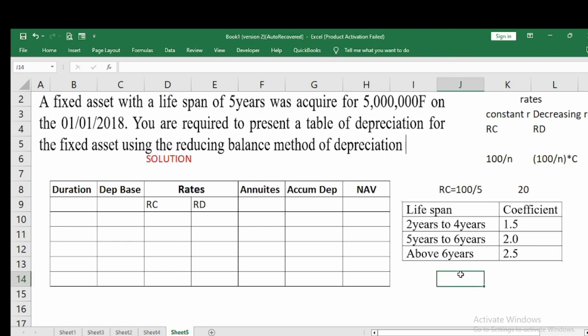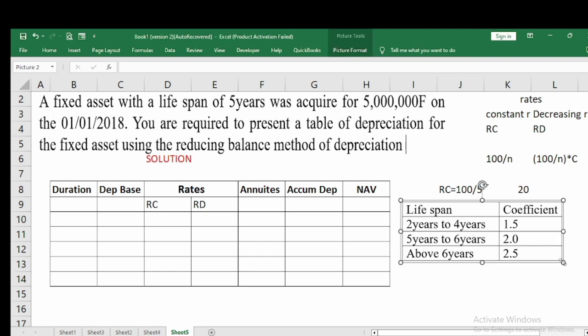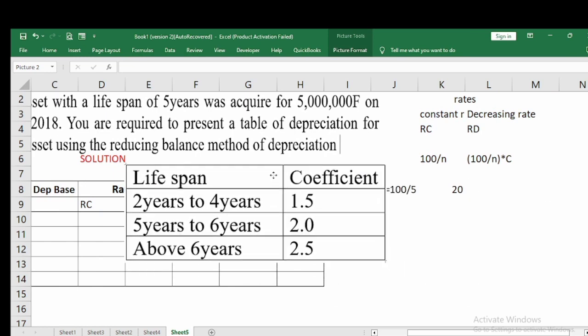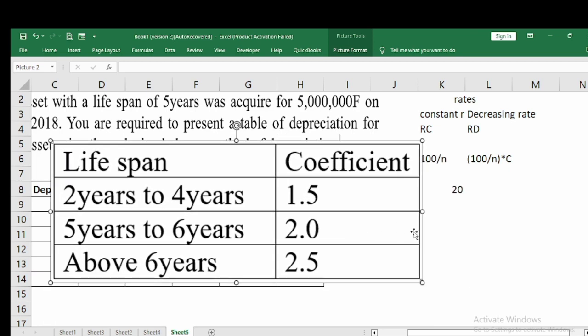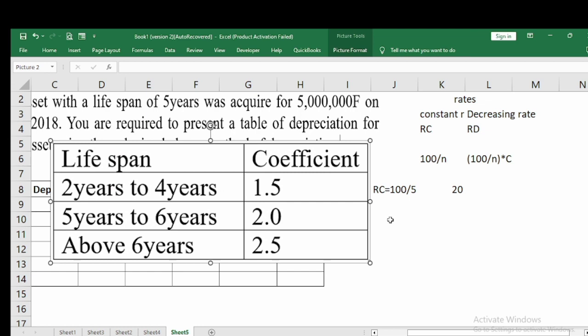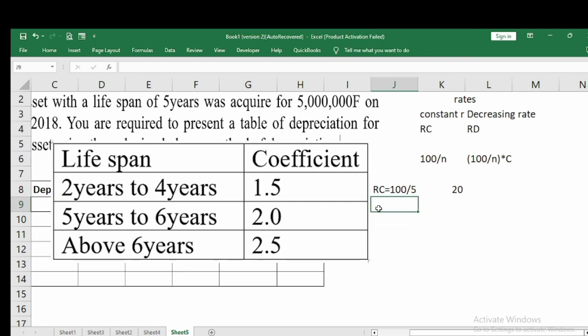So with respect to this exercise, our reducing or decreasing rate will be equal to 100 divided by 5 times c.